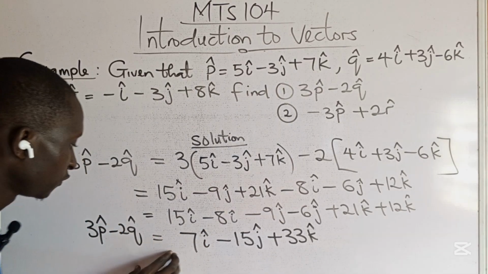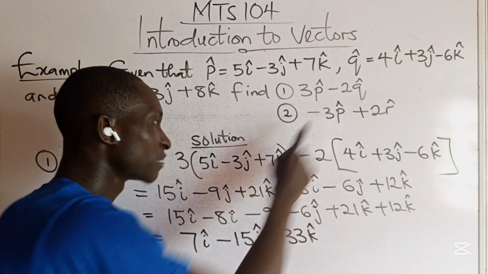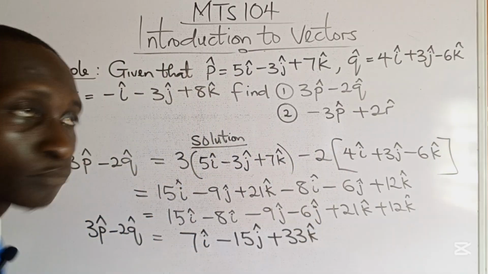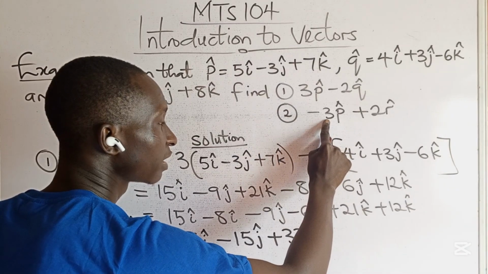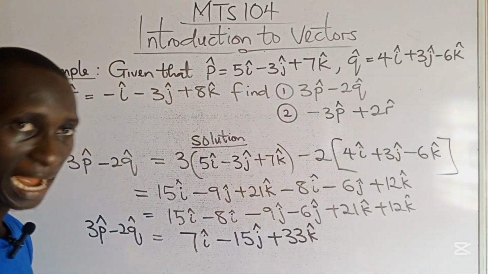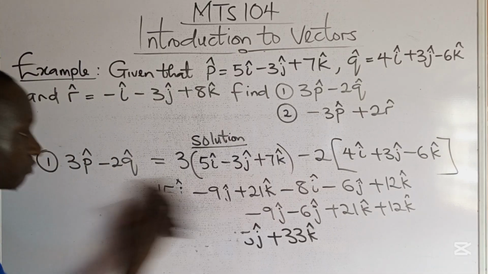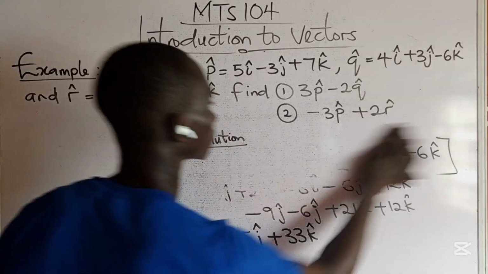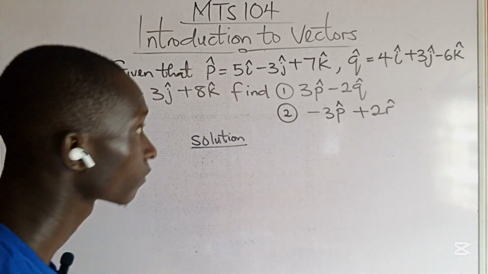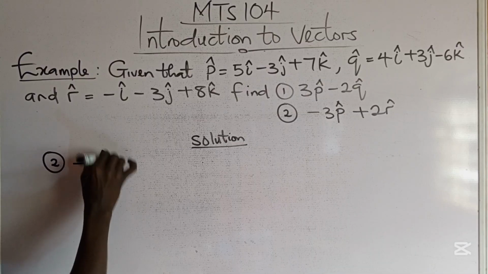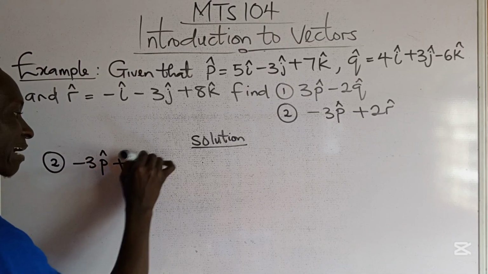Now the same knowledge that we've used here is what we are going to replicate in number 2, because number 2 is also a scalar multiplication of P with minus 3 plus a scalar multiplication of R with 2. How do we do that? Apply the same knowledge. We have minus 3P plus 2R.